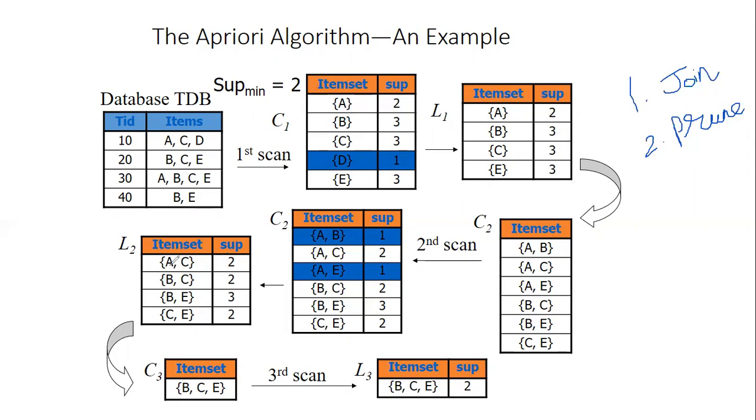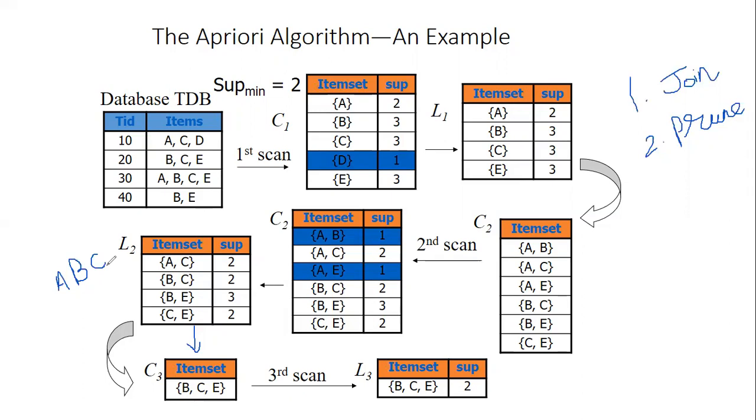So here we got A, C, B, and A, B, C. There was also one more item set of size 3, that is A, B, C. Then we got B, C, E. Two item sets of size 3, but here only B, C, E we consider. We do not consider A, B, C.